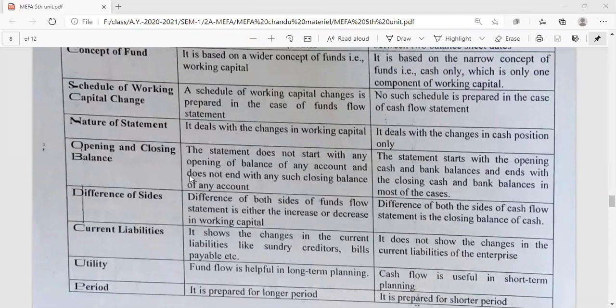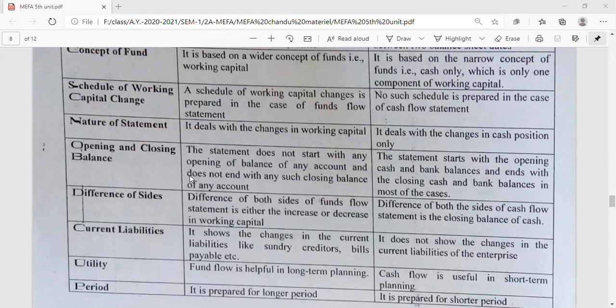The cash flow is different. It does not show the changes in the current liabilities of the enterprise. It will never show them.